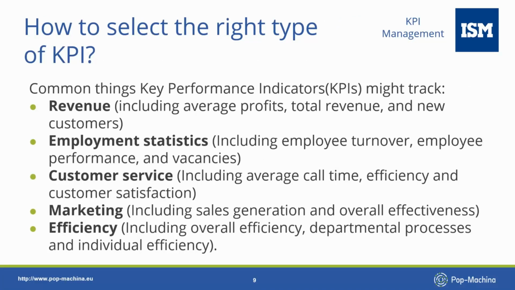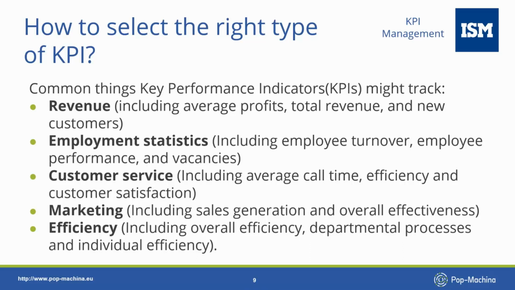Okay, now going forward, how to select the right type of KPI. Common things key performance indicators might track: revenue, including average profits, total revenue, and new customers.